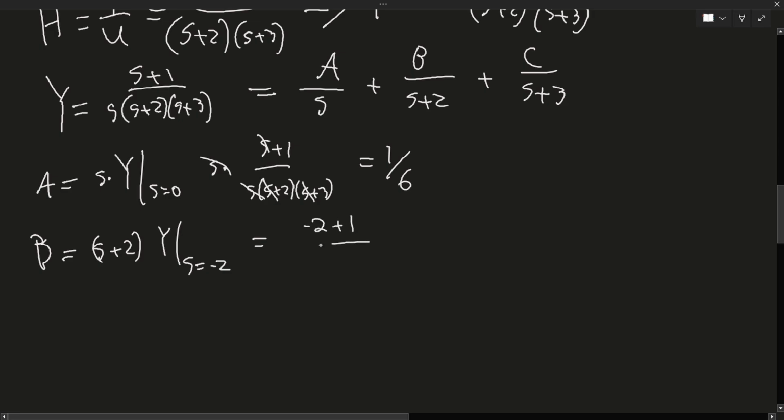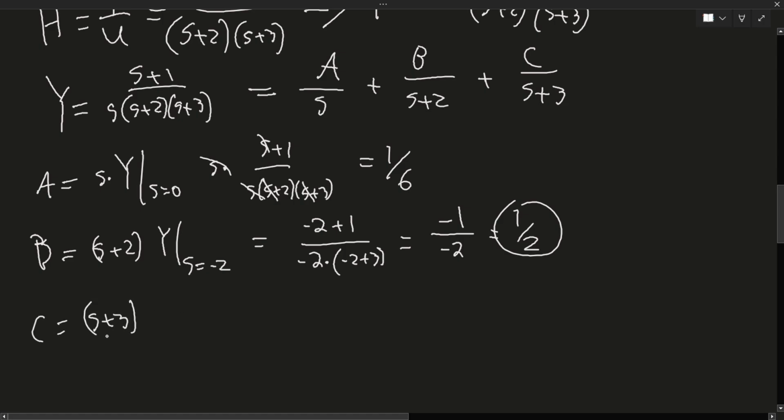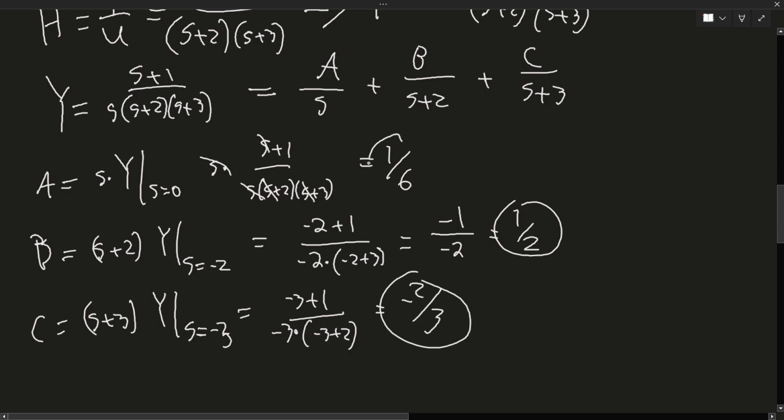Negative 2 plus 1, negative 1, over negative 2, so 1 over 2. C is s plus 3 times y evaluated at s equals negative 3: negative 3 plus 1 over negative 3 times negative 3 plus 2, which is negative 2 over 3. Okay, we have everything.